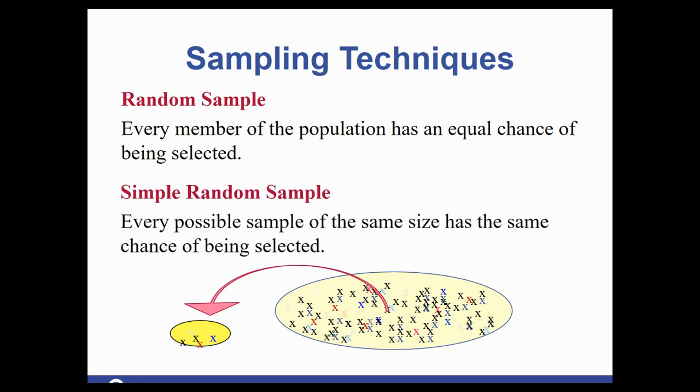A simple random sample is where every possible sample of the same size has the same chance of being selected. So again, a simple one for this could be drawing names from a hat. Every name comes up once in the hat, you mix them up and pull it out. That's a random sample.